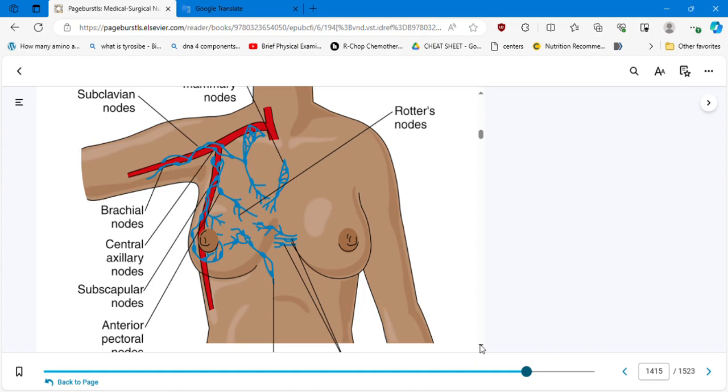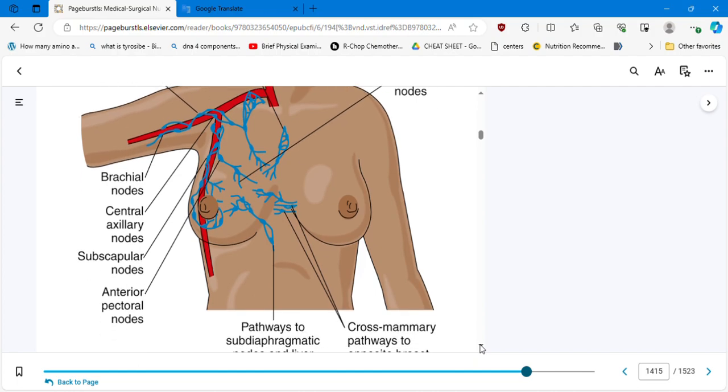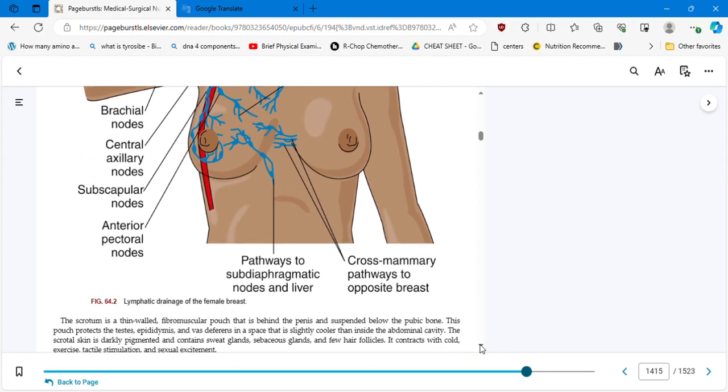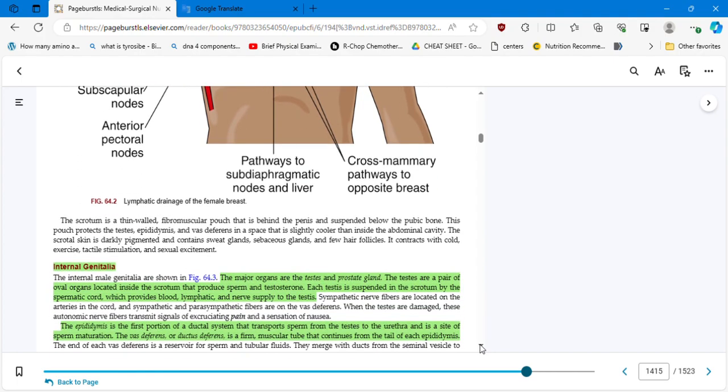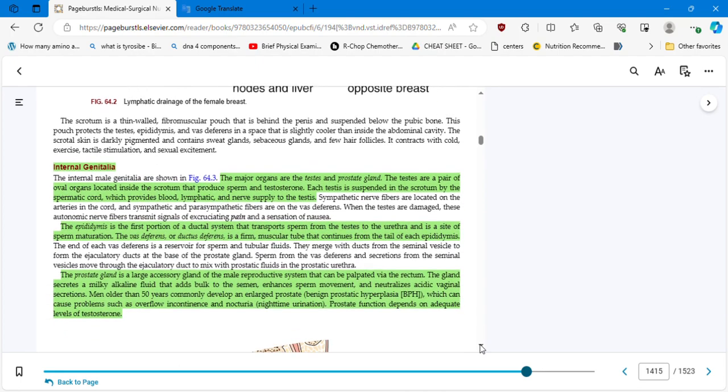Here they are basically talking about the breast, and they are showing you where are the axillary nodes and this network of lymph nodes that are across the breast. Internal genitalia of the male, the major organs are the testes and the prostate gland, as we saw in the video.